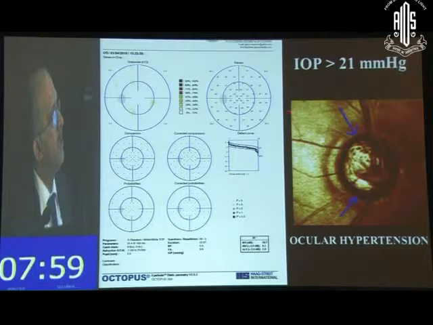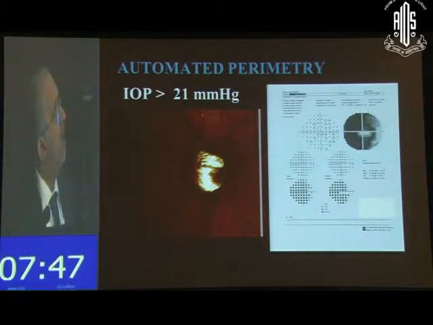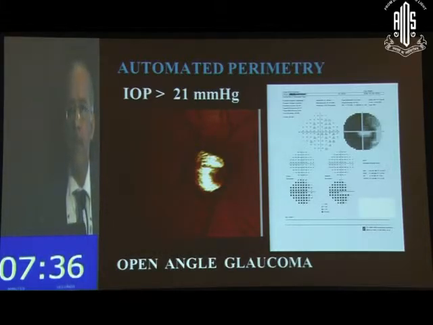The diagnosis becomes ocular hypertension if the pressure is raised, angles open, whatever be the status of the disc, if the fields are normal. For the same reason, if you have pressures more than 21 millimeters of mercury, open angles on gonioscopy, disc changes with correlating visual field changes, the diagnosis is an open angle glaucoma. So that's how fields play an important role.